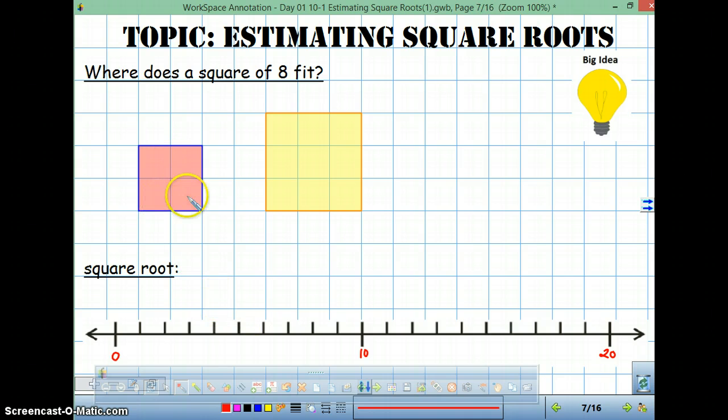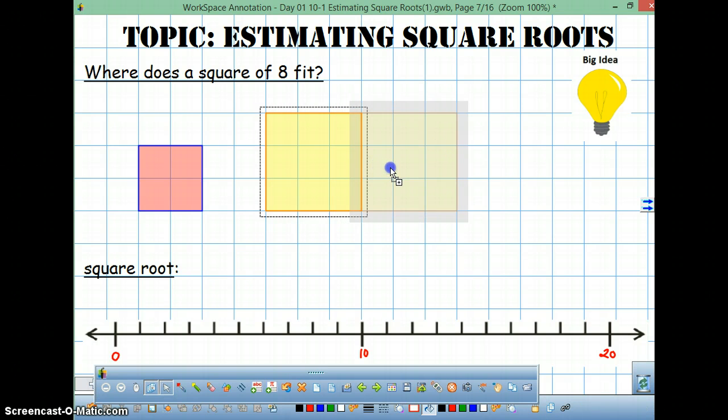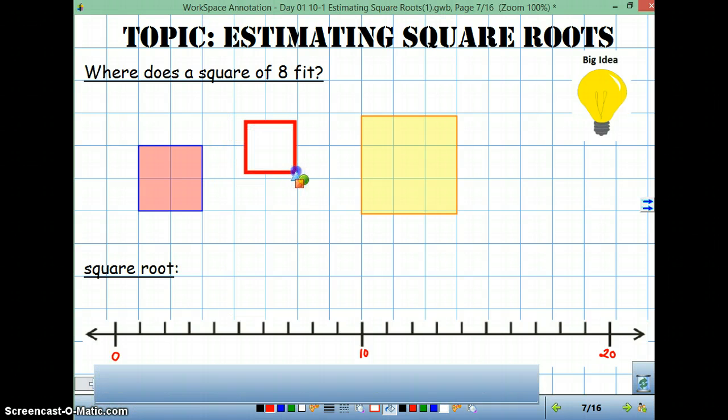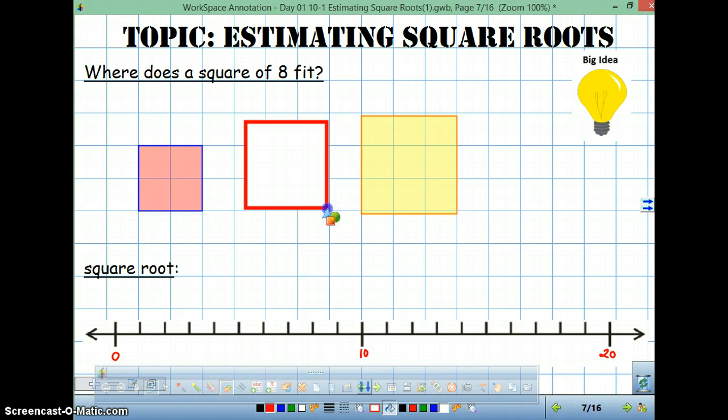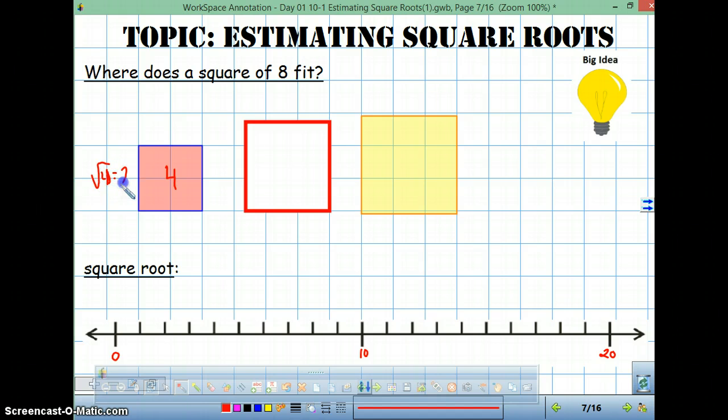So what we're going to do is, let me actually move this square over, and let me make a square that's going to be middling in size, right? So let's label these. This is 4, and the square root of 4 equals 2.